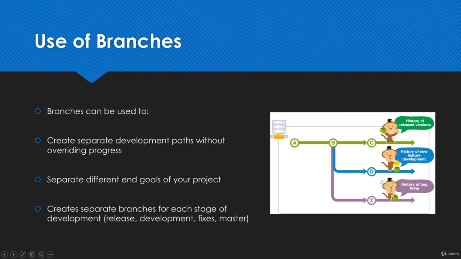So there's a lot of uses for branches. We have a little bit of a diagram here showing some uses for branches. Firstly, they can be used to create these separate development paths without mixing them together or overriding your older progress. On top of that, you can separate your different end goals. For example, one branch would be used for released versions.